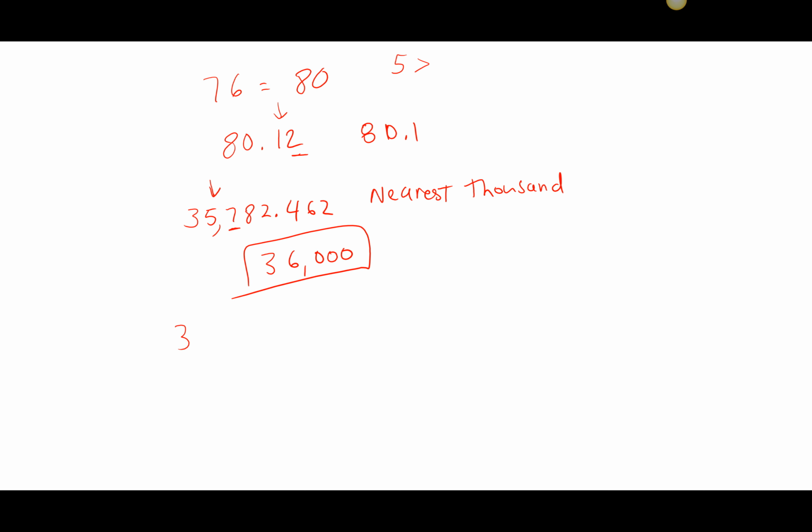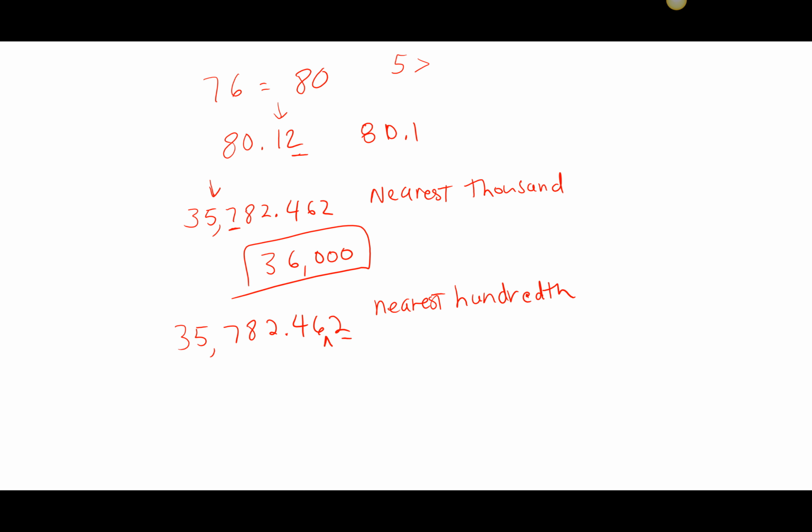Well, what if I wanted to round this number, 35,782.462, to the nearest hundredth? Not hundred, but hundredth. The nearest hundredth is going to be right here. And we look to the number to that side, and it's a 2.